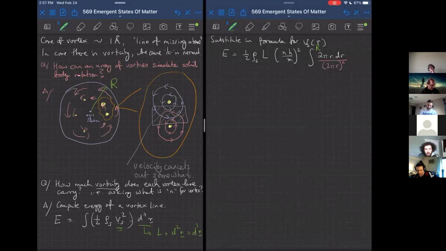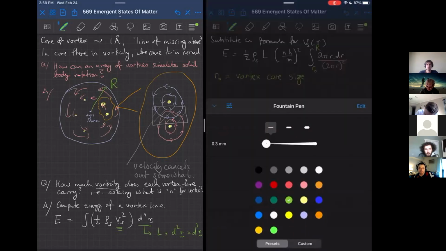What is going to be the lower limit? We know that the vortex has a core size, which I'm going to call r0, and we don't have any superfluid once we're inside the core of the vortex, so the lower limit has to be r0, the vortex core size. Okay, so that's our energy, and now the 2 pi's and r's cancel, so we get the integral dr over r, so we get a logarithm.